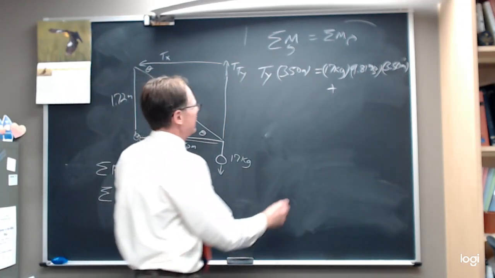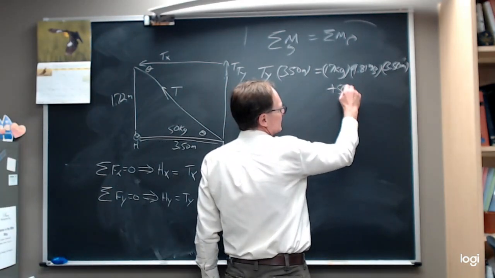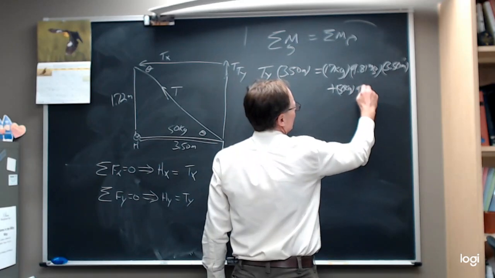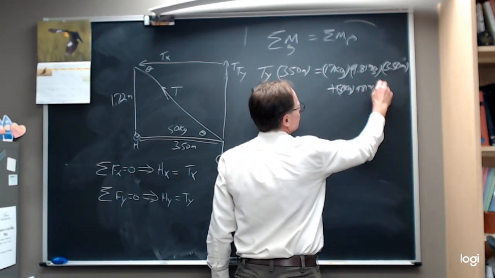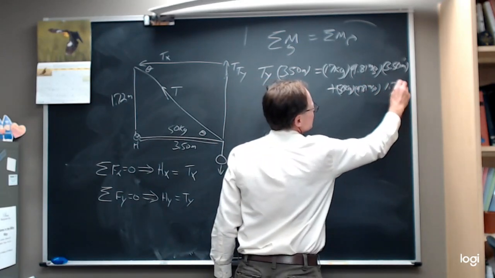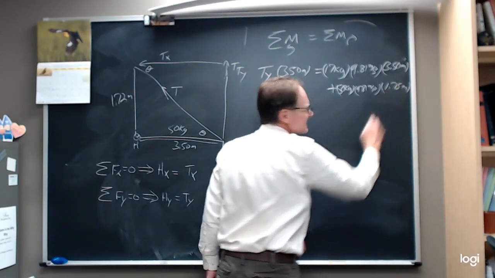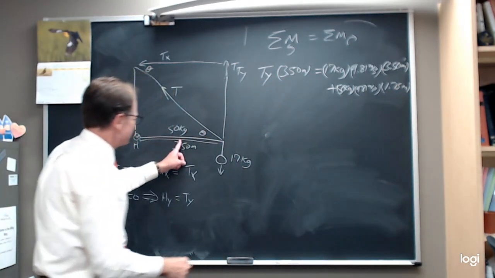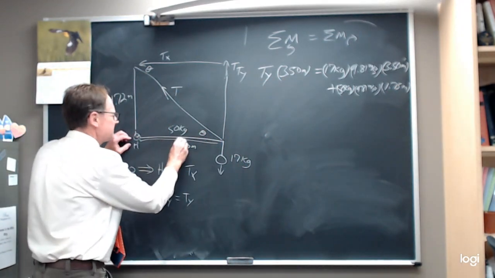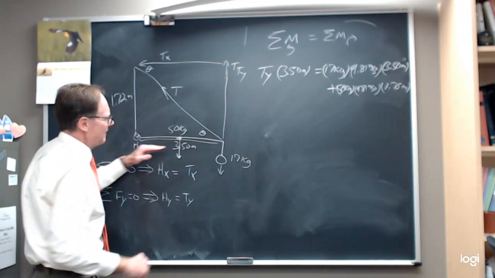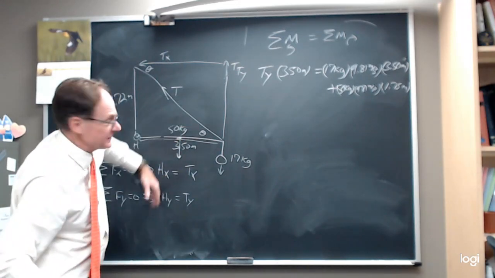And the weight of the beam is going to be 50 kilograms times 9.81 meters per second squared times 1.75 meters. 1.75 meters is half the distance out here. This is the center of mass of the beam. So the weight of the beam acts at the center of mass to cause this rotation.